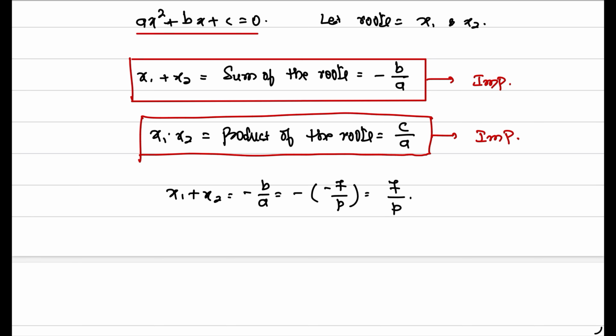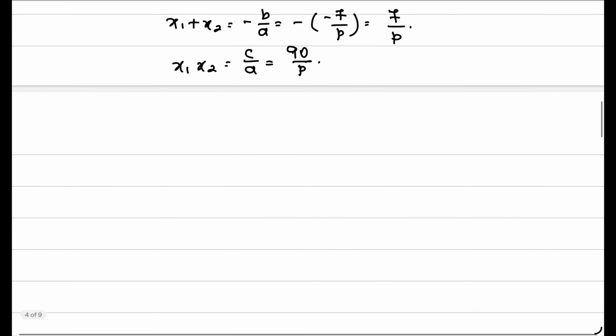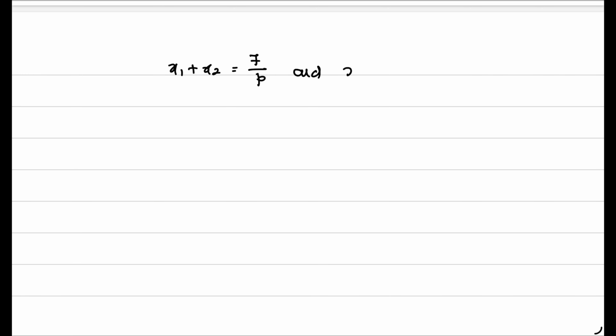What is the product? x1 into x2 is equal to c by a, which is 90 by p. What we have got is x1 plus x2 is equal to 7 by p and x1 into x2 is equal to 90 by p.